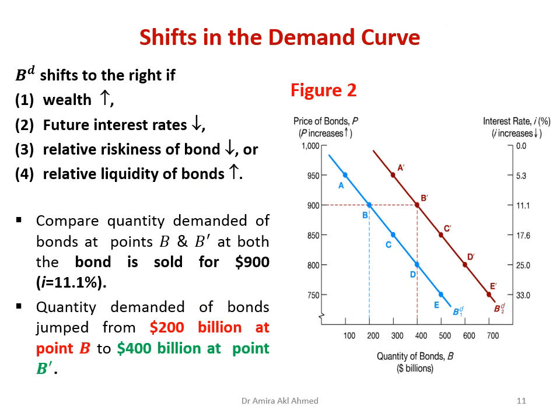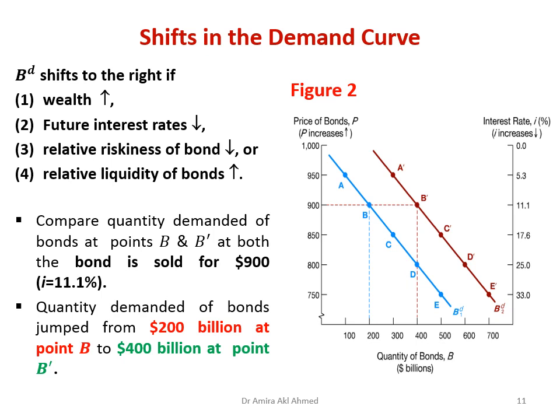Let's use figure 2 to explain the shift in demand for bonds to the right, indicating an increase in demand for bonds. Remember that bond prices are represented by the left axis, whereas their corresponding interest rates are represented by the right axis. Now assume that one of the following factors has occurred.